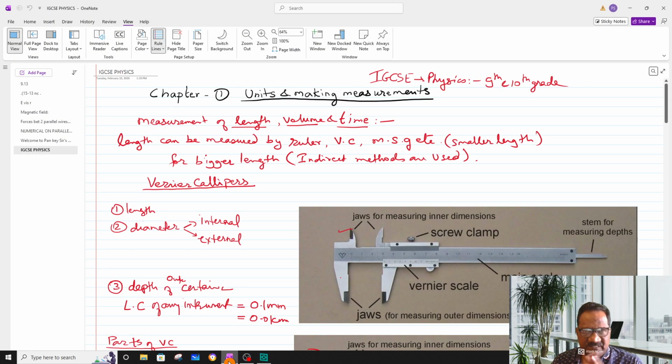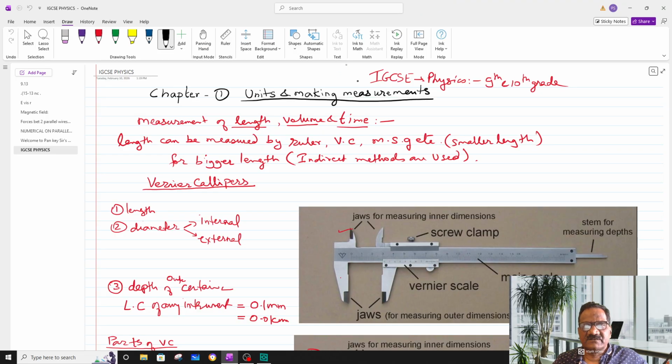I hope you are looking at the screen now, and as the title mentions, this is IGCSE Physics, and this is for the 9th and 10th grade. Normally in the 9th grade, they start with this very first chapter, right? And the name of the chapter is units and making measurements, right?